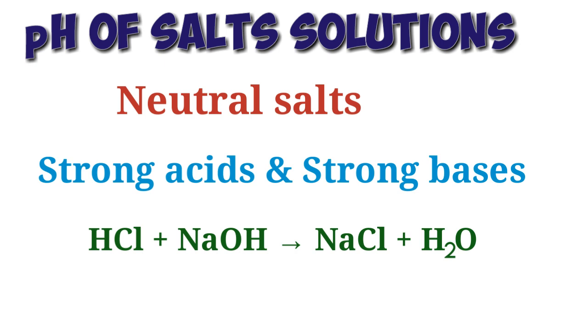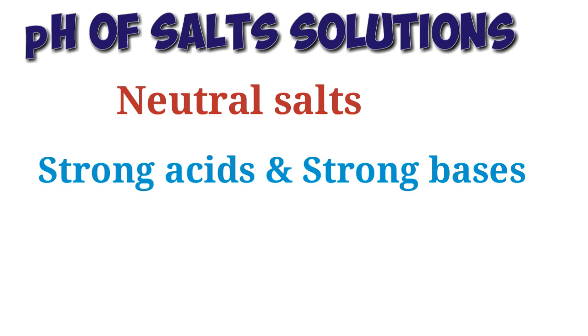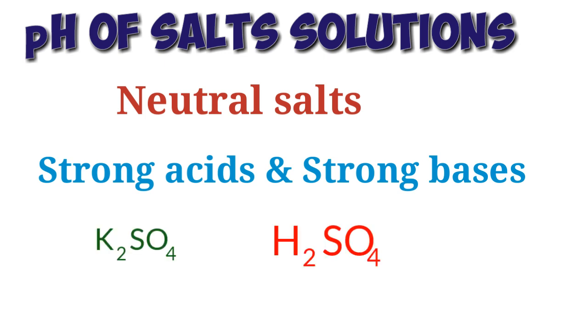Since sodium chloride is formed from a strong acid and a strong base, an aqueous solution of sodium chloride is neutral. It does not have any action on litmus. Another example of a salt which gives a neutral solution is potassium sulphate. It is formed from a strong acid, sulfuric acid, and a strong base, potassium hydroxide.